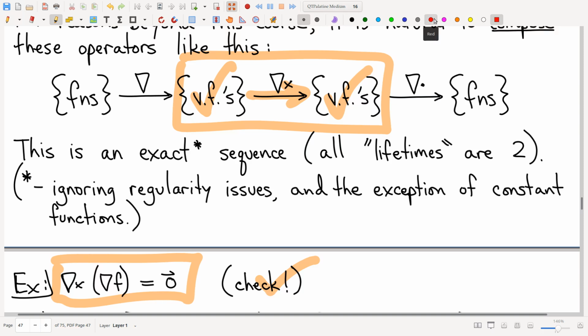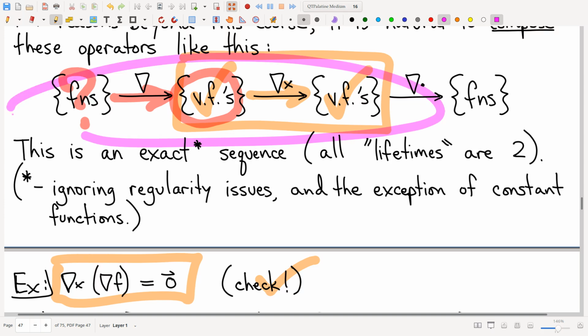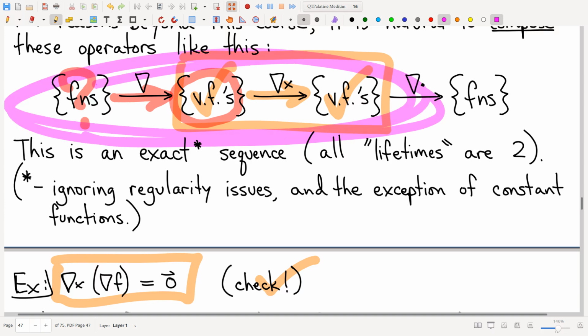Let's speculate: could this vector field be the gradient of some function? Answer, no, it can't, because if it did, we would have a lifetime of 3. Lifetimes can't be 3. Lifetimes are 2. Does that make sense? Okay.